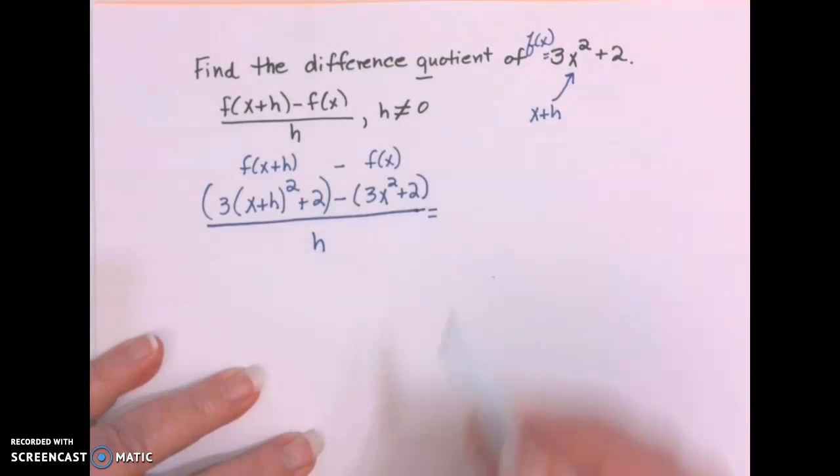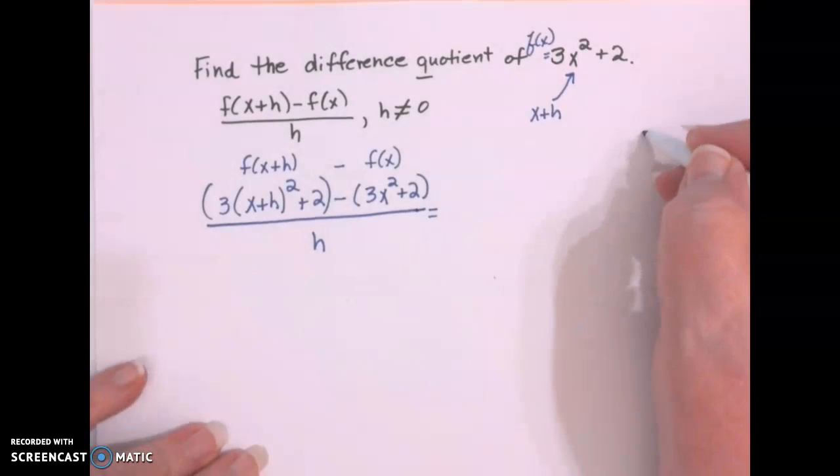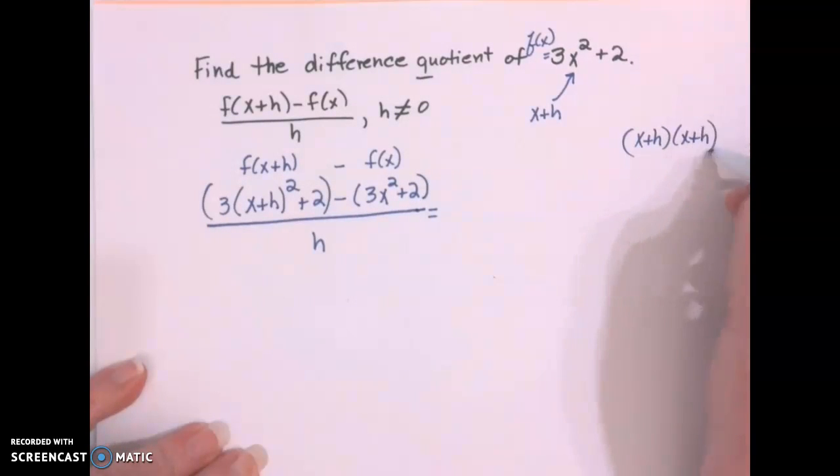Now we want to simplify what we have in our numerator. So the first thing we need to do, following our order of operations, is determine what x plus h squared is. Now think about what that means. That's x plus h times x plus h.